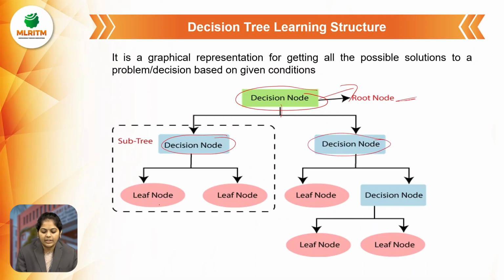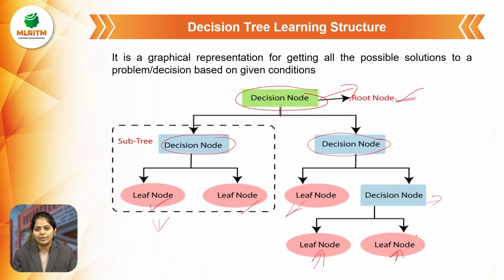Decision node 1 consists of two leaf nodes, and a leaf node will never have any further nodes. Coming to decision node 2, it is again divided into one leaf node and one decision node 3. Decision node 3 is again divided into leaf node 1 and leaf node 2.